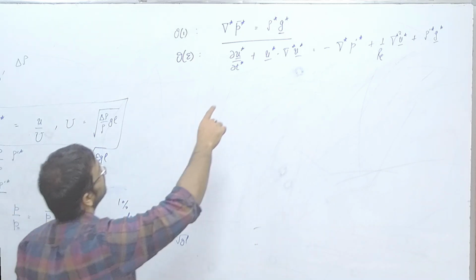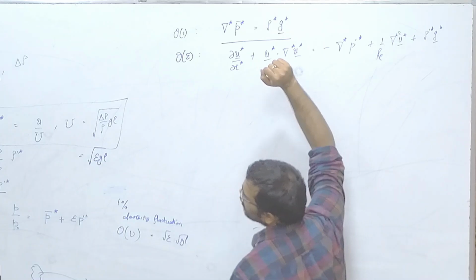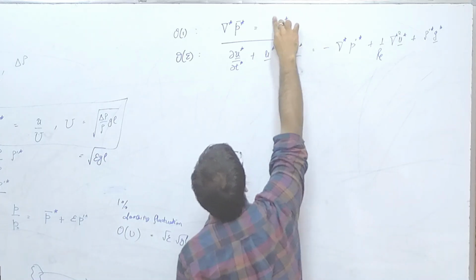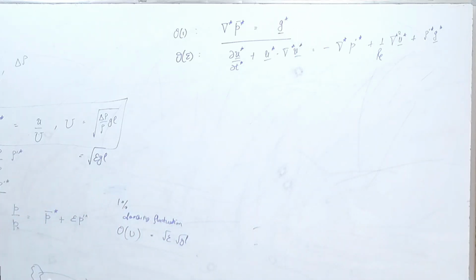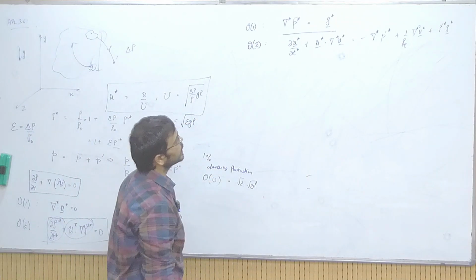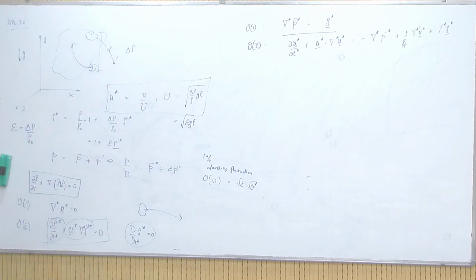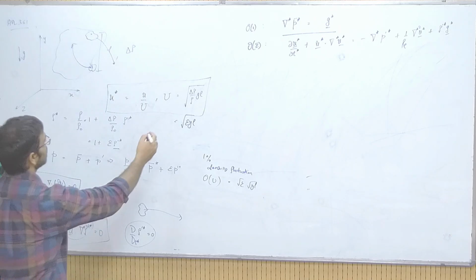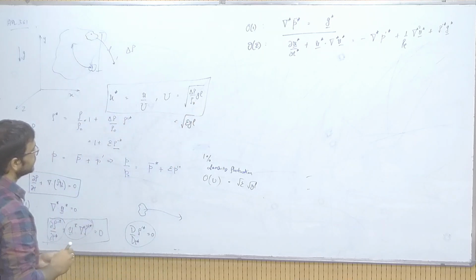Actually, what we had obtained was simply this, because rho star we have to take at order 1, which is simply 1. That is the equation that we get. So epsilon is del rho by rho naught, right? There you have replaced del rho by rho naught. Yes, that should be del rho by rho naught. Thanks.